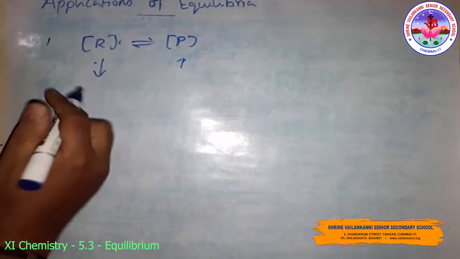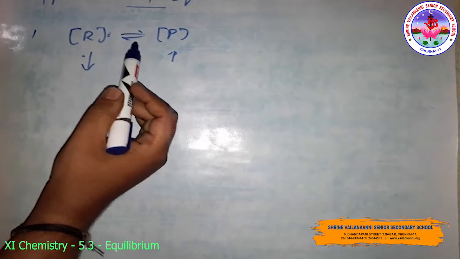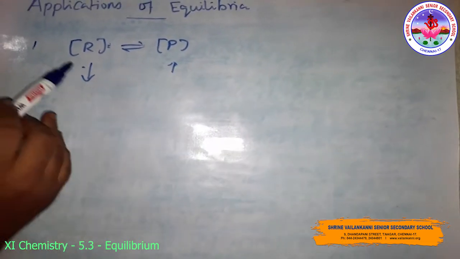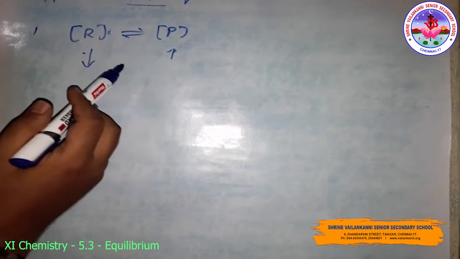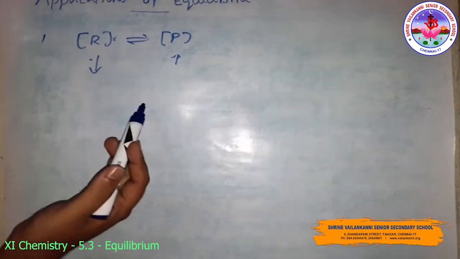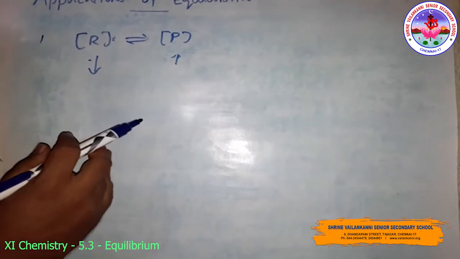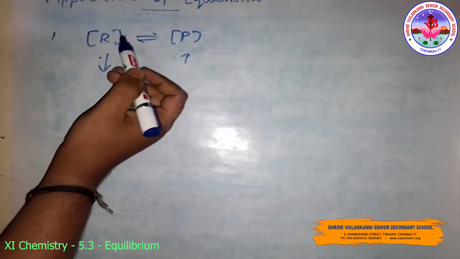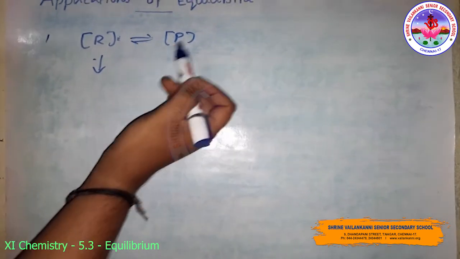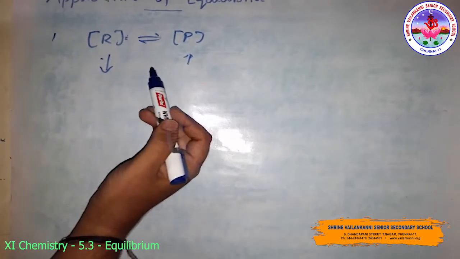The equilibrium constant is temperature dependent, having one unique value for a particular reaction represented by a balanced equation at a given temperature. Then the fourth point: the equilibrium constant for the reverse reaction is equal to the inverse of the equilibrium constant for the forward reaction.